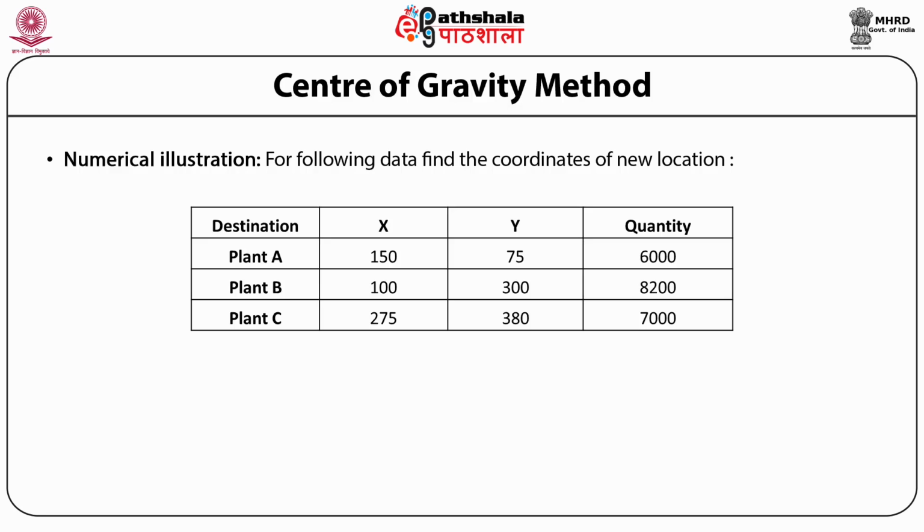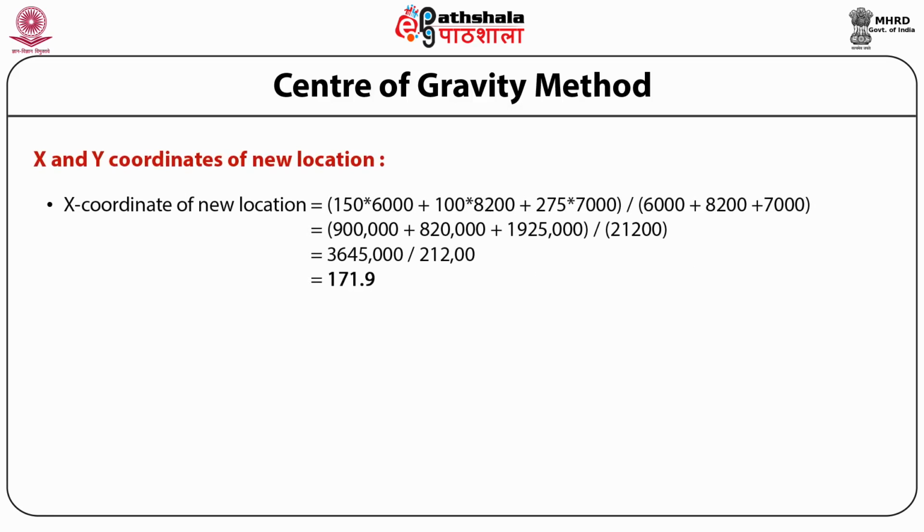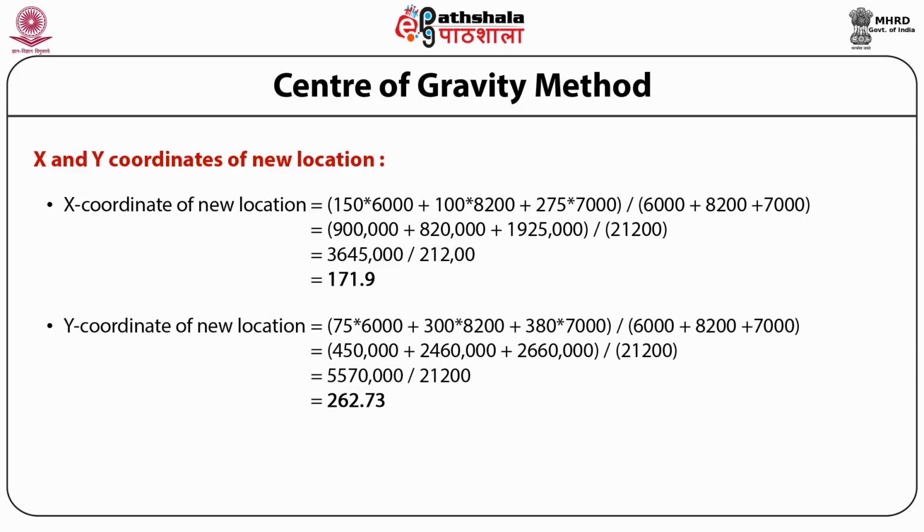For this data, a new location has to be estimated. The x coordinate of the new location has been estimated to be 171.9 by using the above discussed formula. The y coordinate of the new location has been calculated to be 262.73.